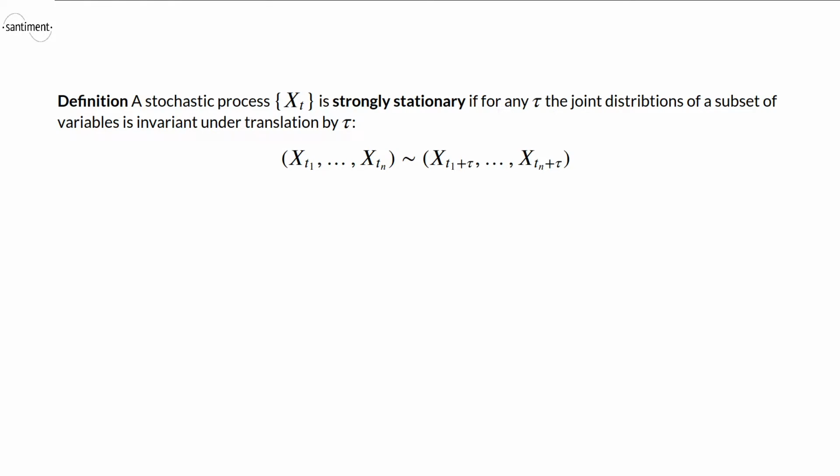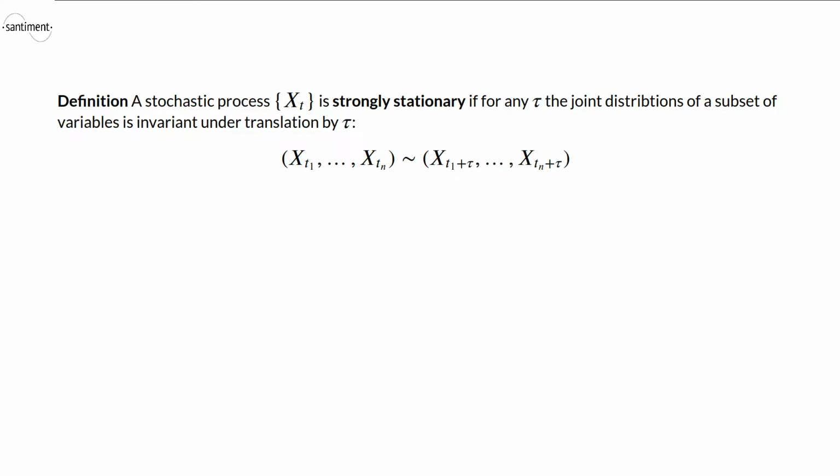A stochastic process is called strongly stationary if, for any tau, the joint distribution of a subset of variables is invariant under translation by tau. So basically you take a bunch of timestamps and the variables associated with those timestamps, and we want the distribution of those variables to be the same if I translate all the timestamps by a constant.